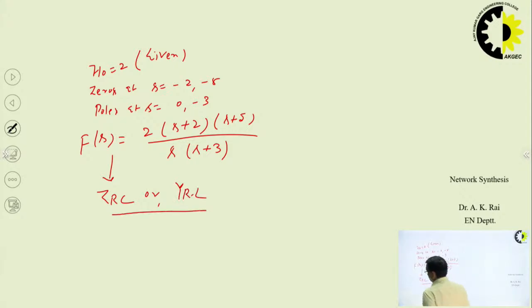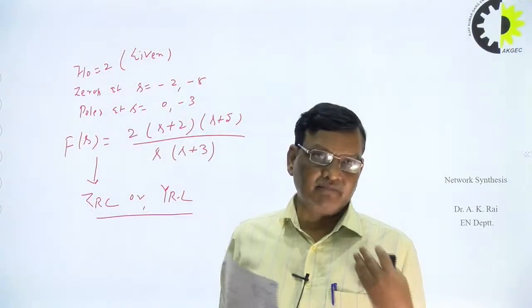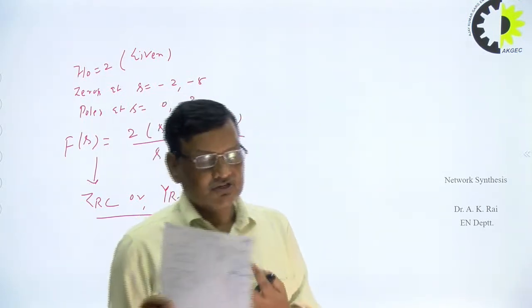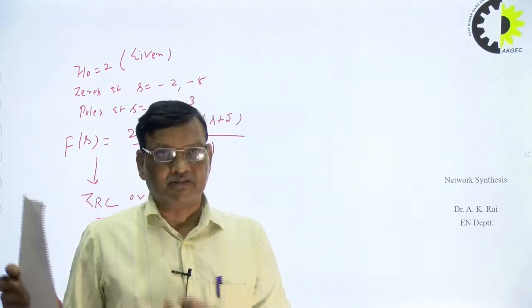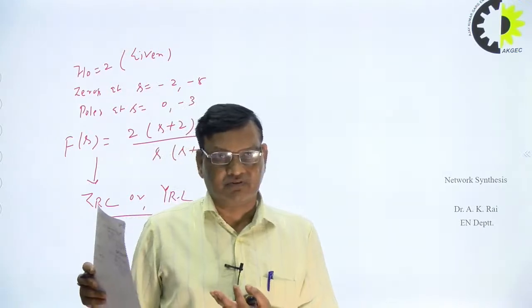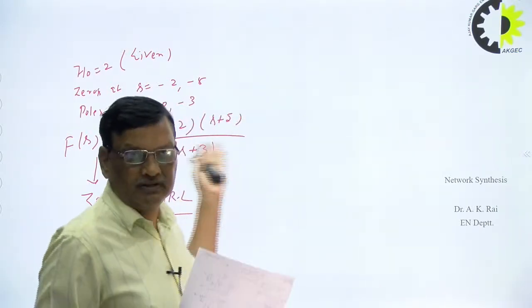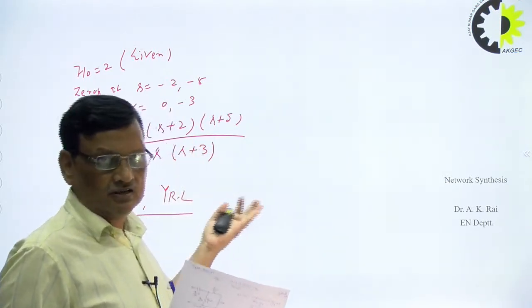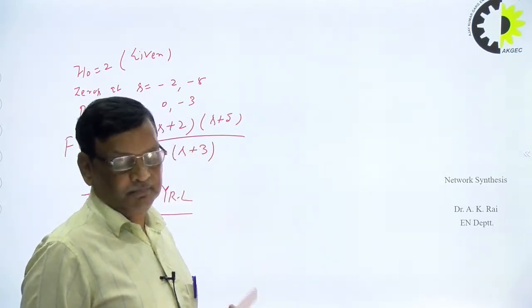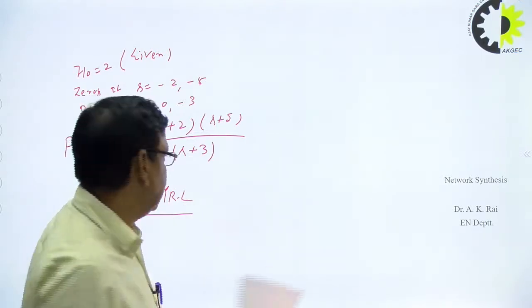For now we can proceed. There is no need to find the solution here. My idea is just to explain how, when the pole-zero diagram is given, we get the network function. Once we get the network function, check from the properties whether it is RL or RC, which type, impedance or admittance, and accordingly proceed.